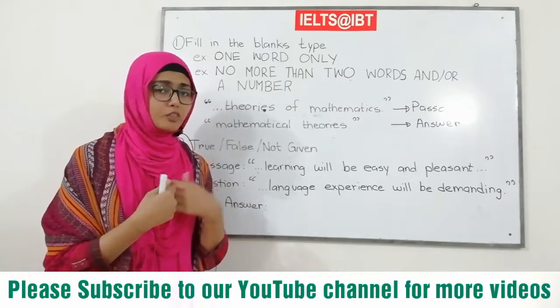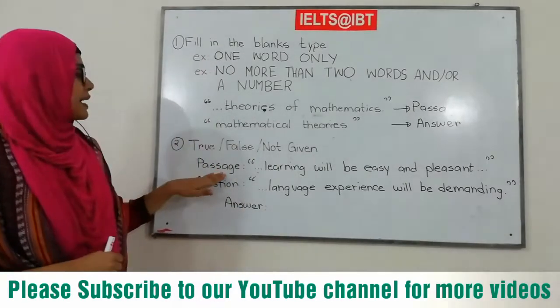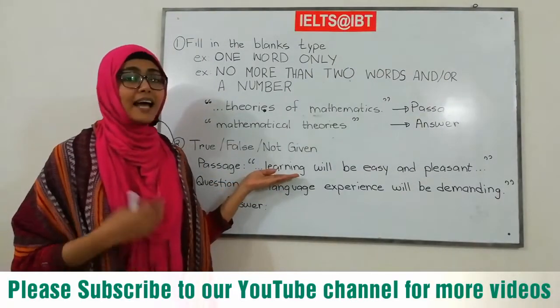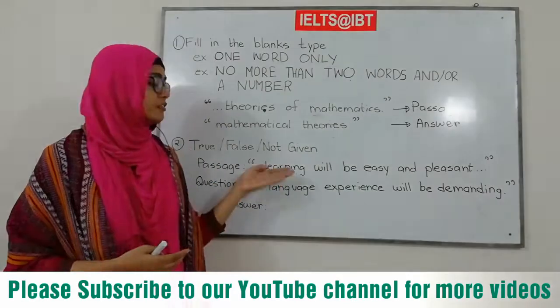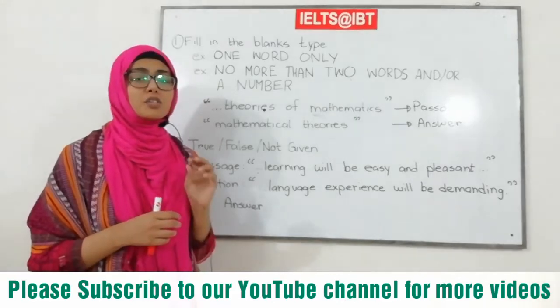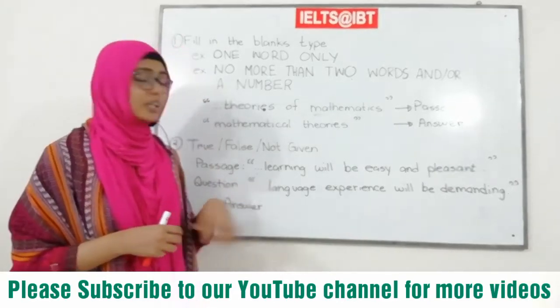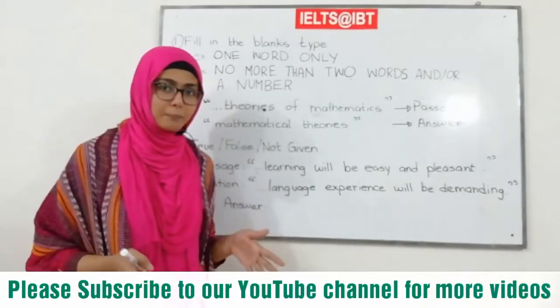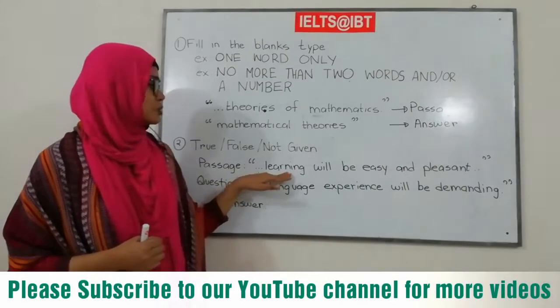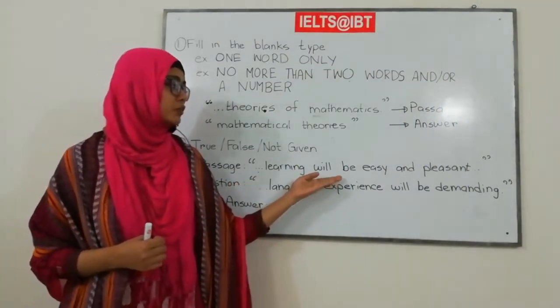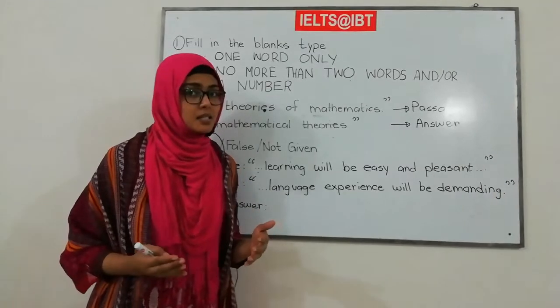For example, in the passage they may tell you that language learning, this is taken from IELTS book 7. So if you have that book, you can open to that book. So the passage may say that language learning will be easy and pleasant.